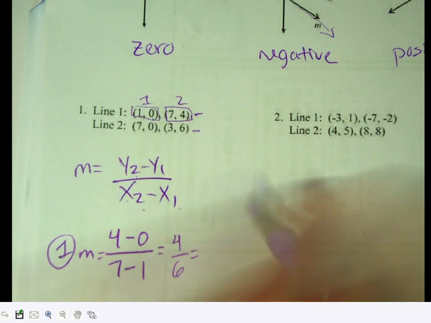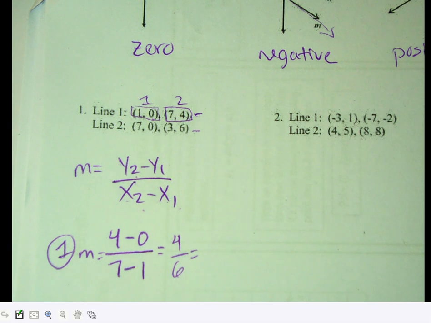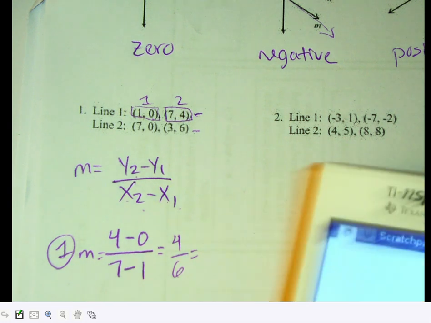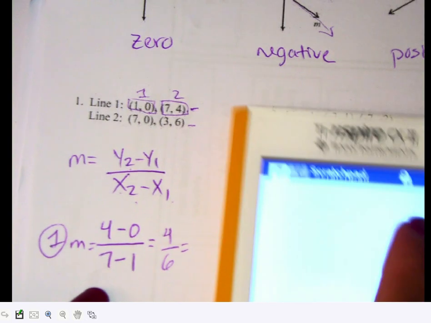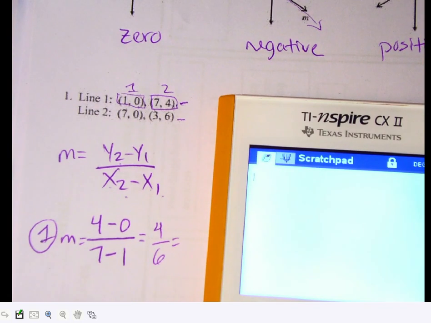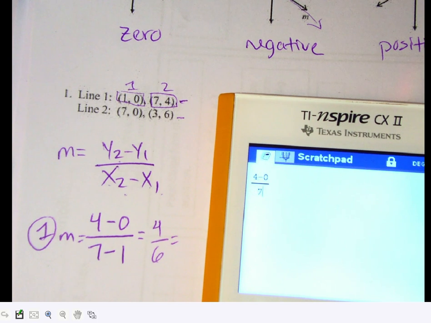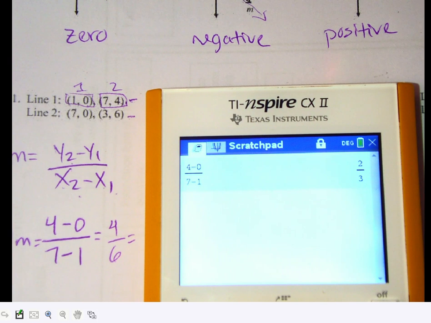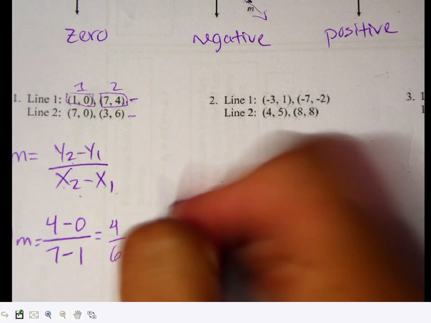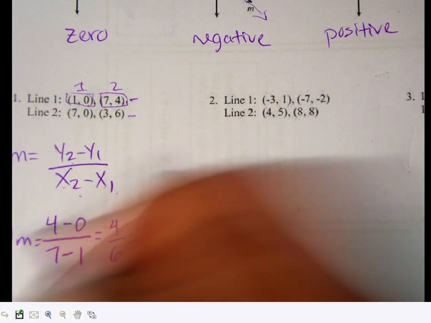If you type this in your calculator, 4 divided by 6, it gives you the simplest form of the fraction. You could also type it as a fraction, 4 minus 0 over 7 minus 1, and it gives you 2/3. So 2/3 is the slope for line 1.